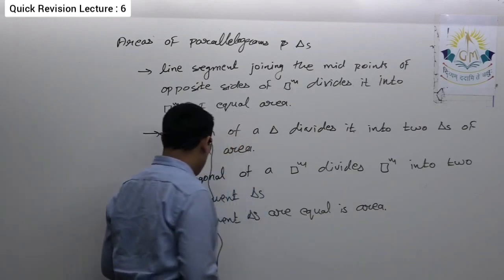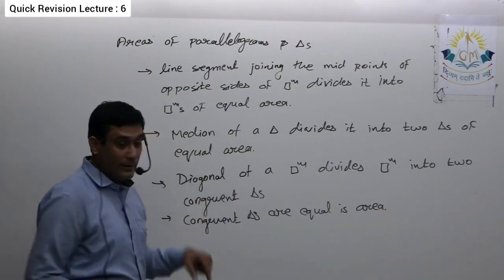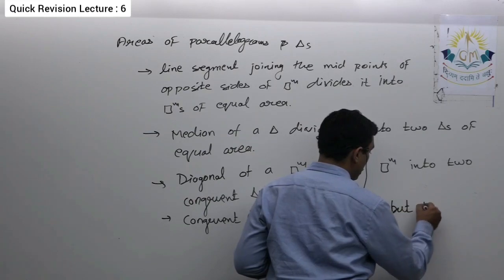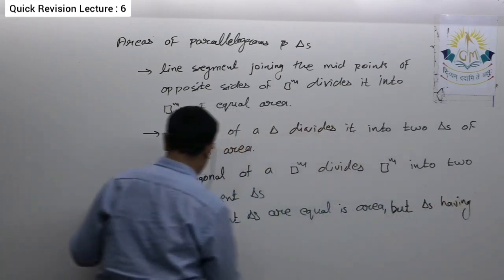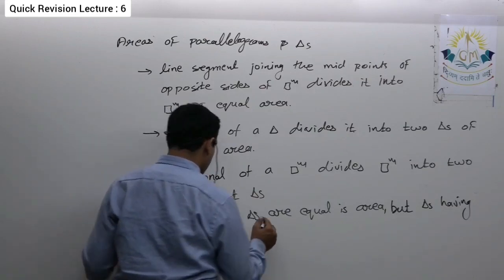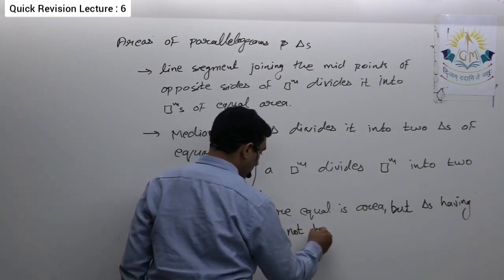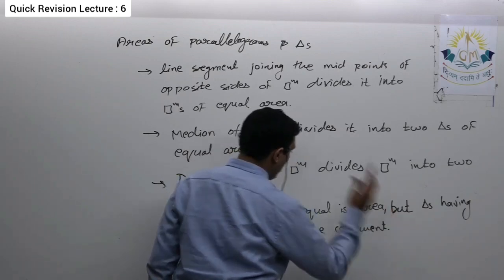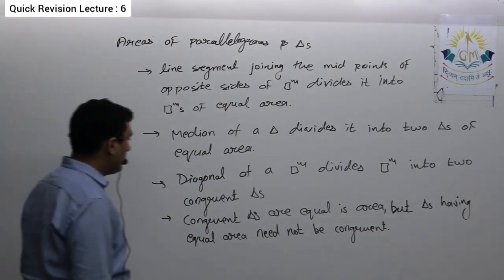Okay, congruent triangles are equal in area, but triangles having equal area need not be congruent always. Okay, so congruent triangles are equal in area.